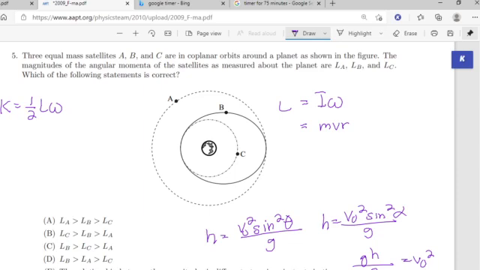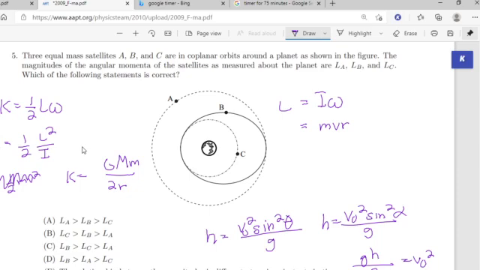Let's do another way. So K is equal to 1/2 L squared over I. And then E is equal to 1/2 m v squared. Sorry, actually, K is also equal to G M m over 2r, which means then that the closer it is, the higher K is.